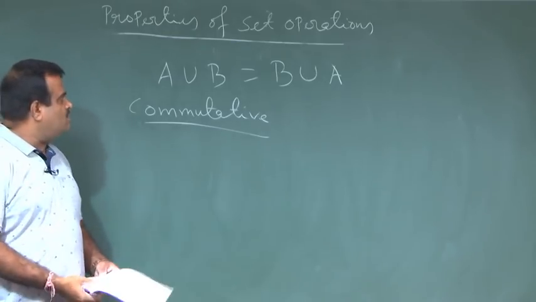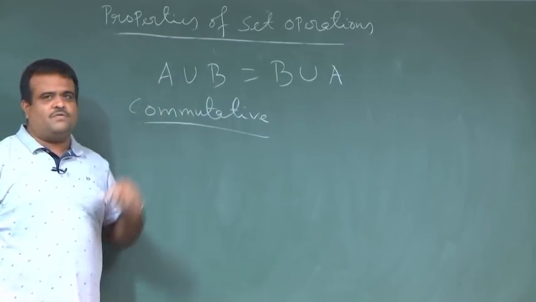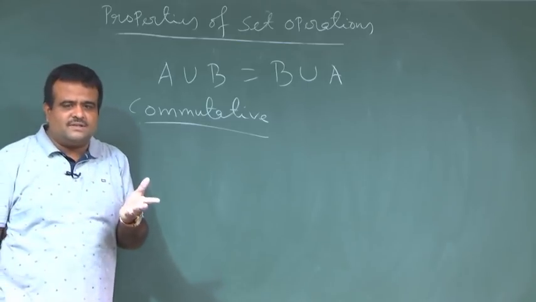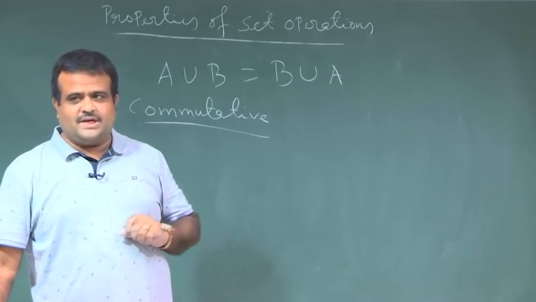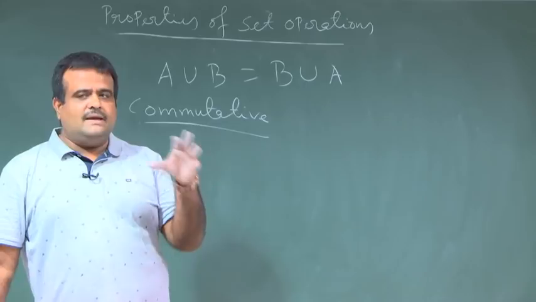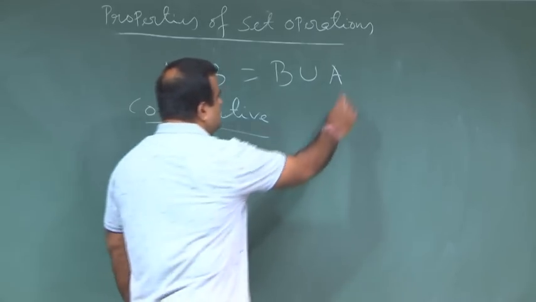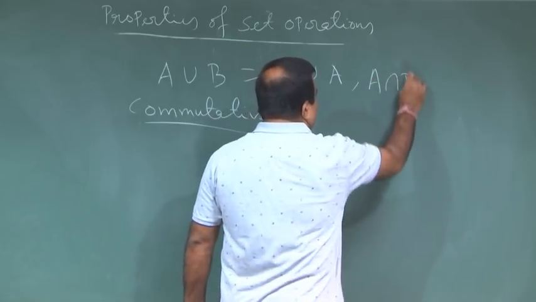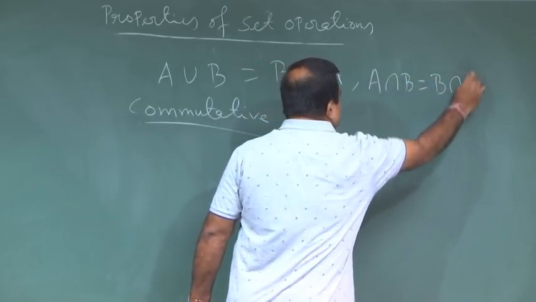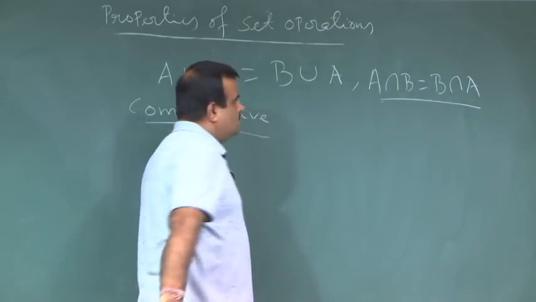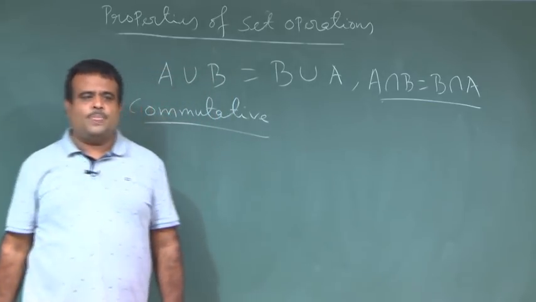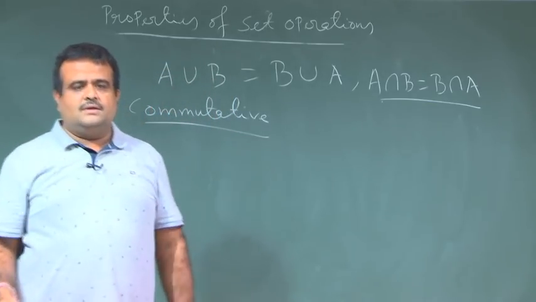It does not matter whether we take A first or B first. It only matters what the elements of that set are. So, A union B is same as B union A. Similarly, A intersection B is same as B intersection A. So, the ordering is not so important.